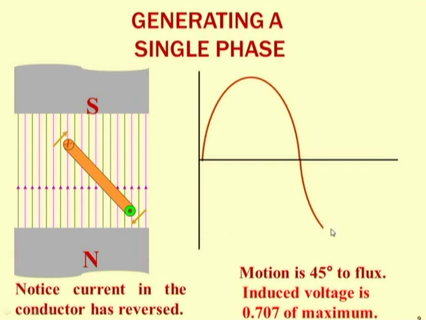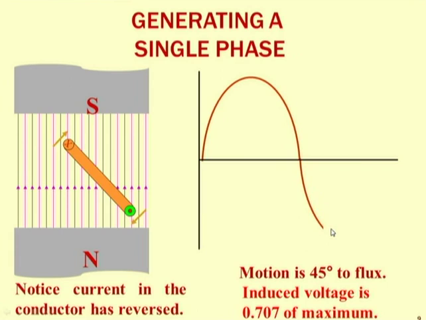So what I mean to say is, the end of the conductor which was previously moving toward the north pole is now moving toward the south pole. So earlier the voltage available was plus 70.7% of the maximum at 45 degree.